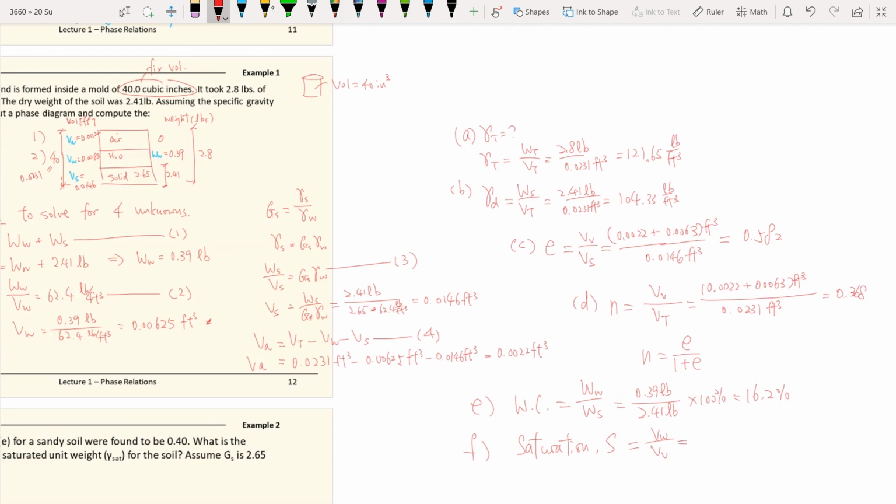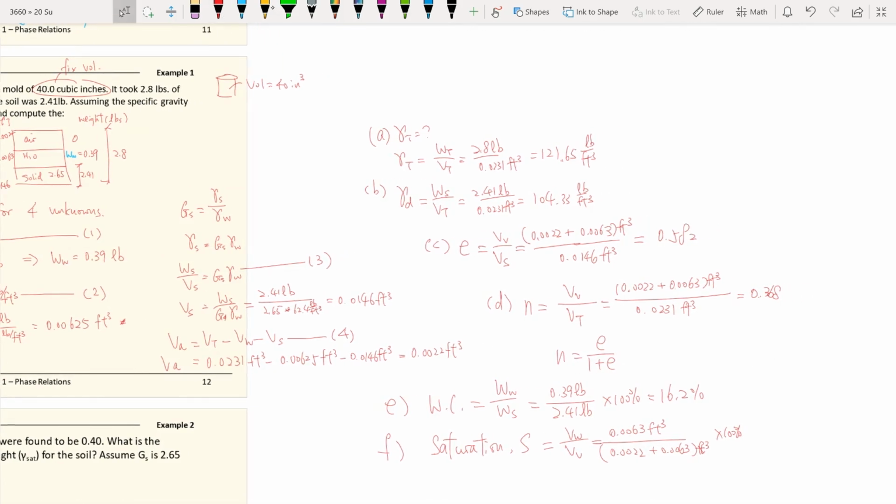So the volume of water is 0.063 cubic feet, and the volume of void is 0.0022 plus 0.0063 cubic feet, and then times 100%. And after you do your math, the saturation is 74.1%.